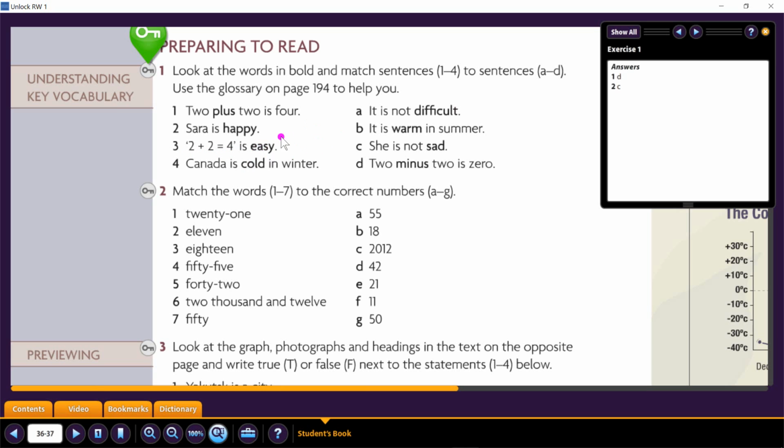The opposite of easy is A, difficult. So 3 with A. And finally, Canada is cold in winter. The opposite of cold is warm. It's warm in summer. So 4 with B. You can pause the video to check your answers.